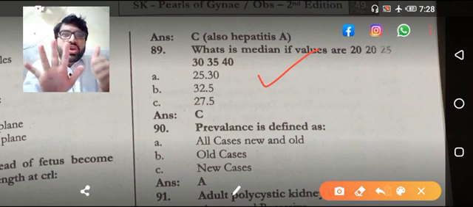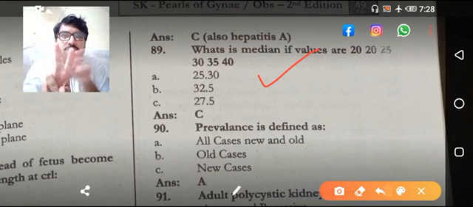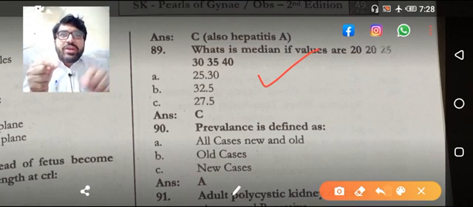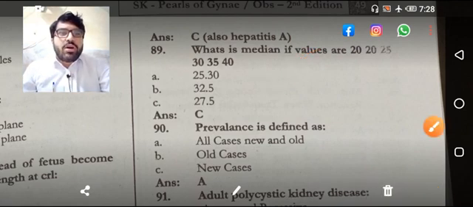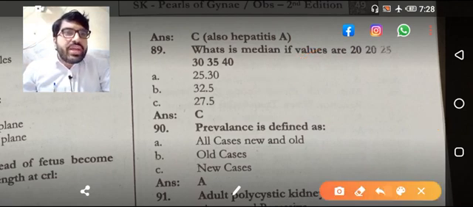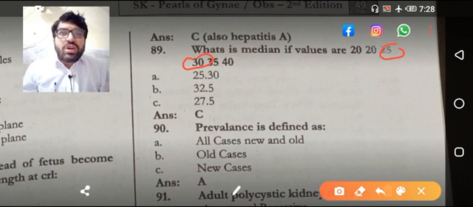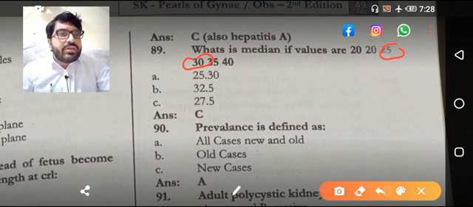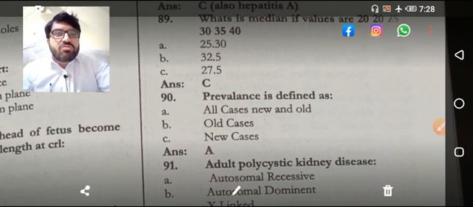So what you do is take out the 2 middle numbers, the third and fourth. You take those 2 numbers, add them and divide by 2. That is a simple formula. The answer over here: you take 25 and 30, add them and divide by 2, and pick whatever the answer is. And of course, I think there is 27.5.